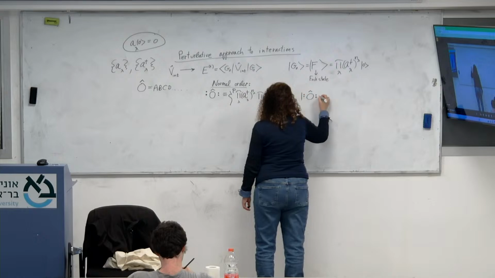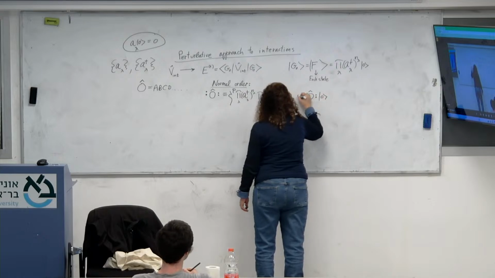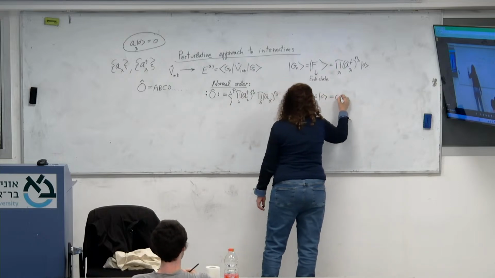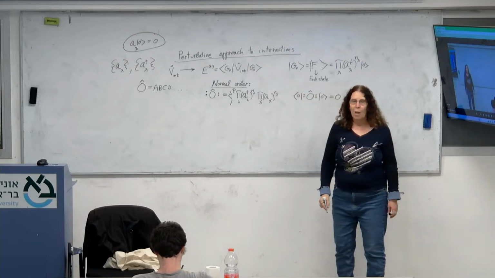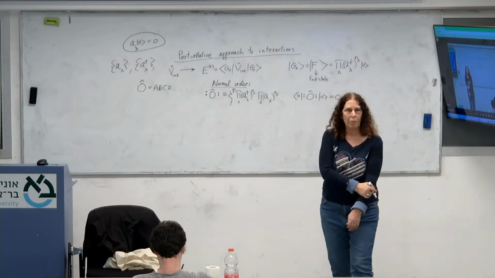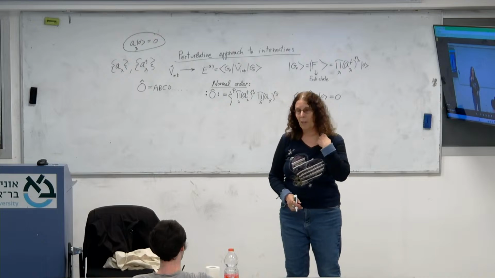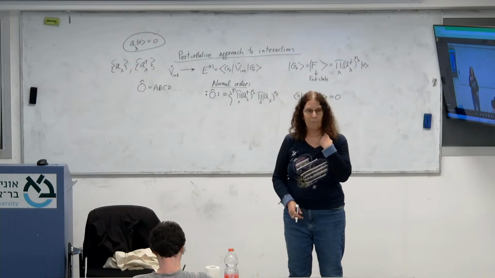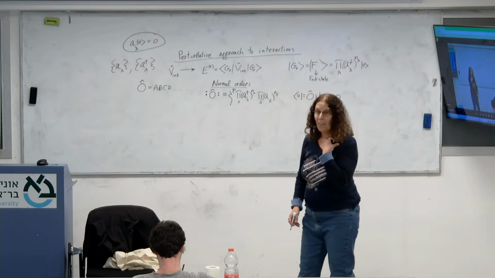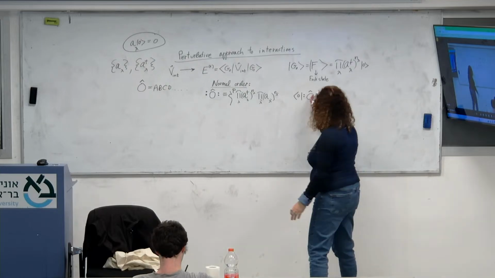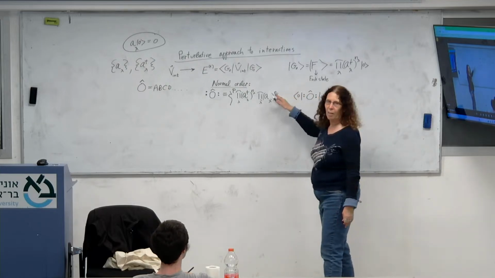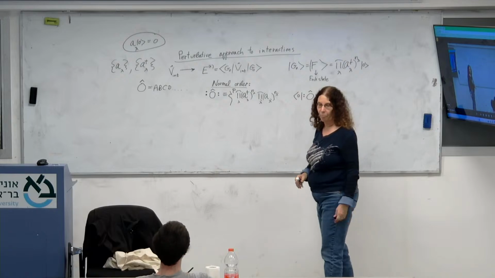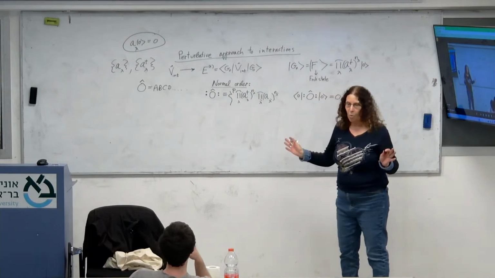This is true by definition. By the way, you can ask, what if my operator is only creation? Then it is also zero because it's acting on the left, right? So it's always zero.